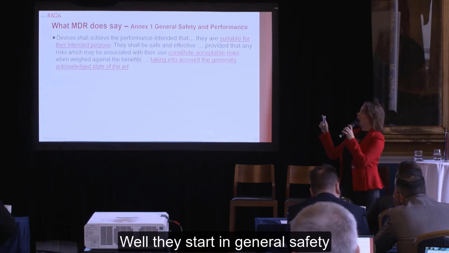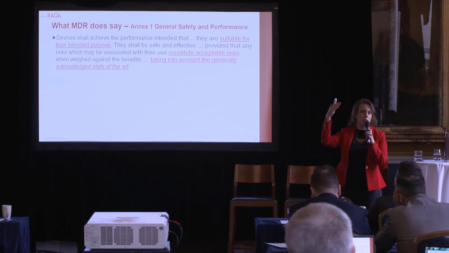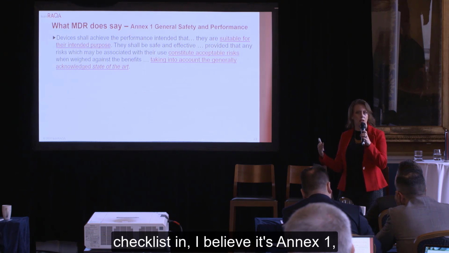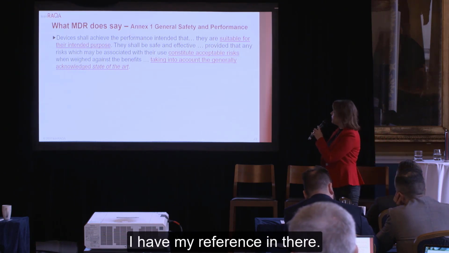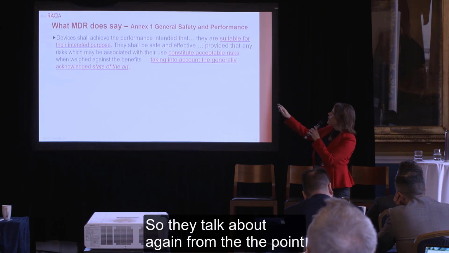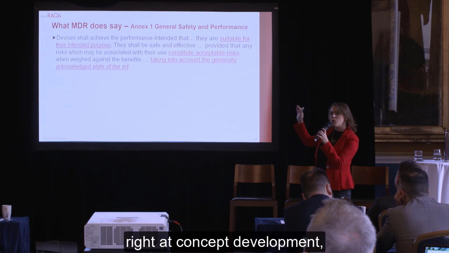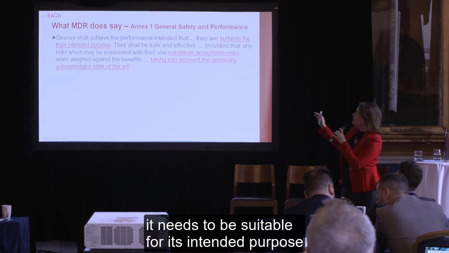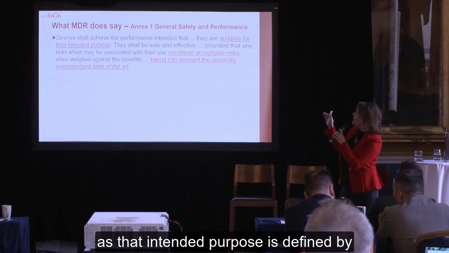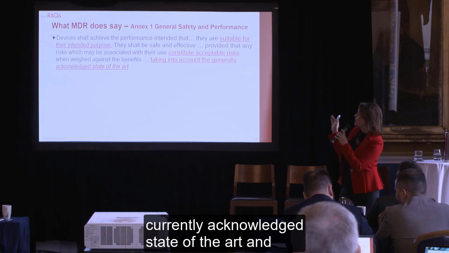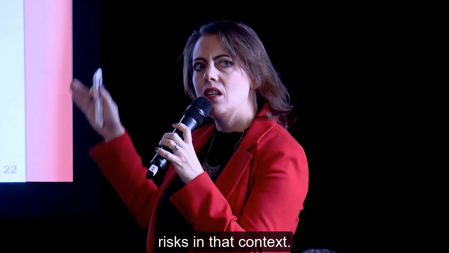Well, they start in the general safety and performance requirements, which most everybody understands is the technical performance requirements checklist in, I believe it's Annex 1. It is. Good for me, I have my reference in there. So they talk about, from the point you design the device, right at concept development, it needs to be suitable for its intended purpose, as that intended purpose is defined by currently acknowledged state of the art, and it should constitute acceptable risks in that context.